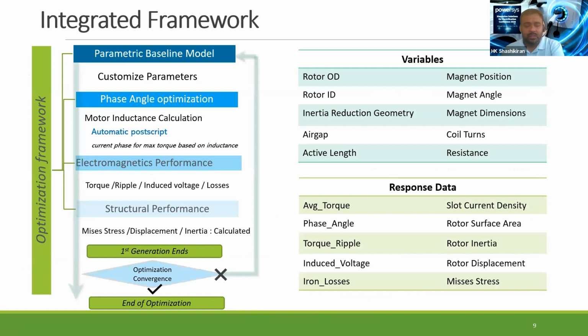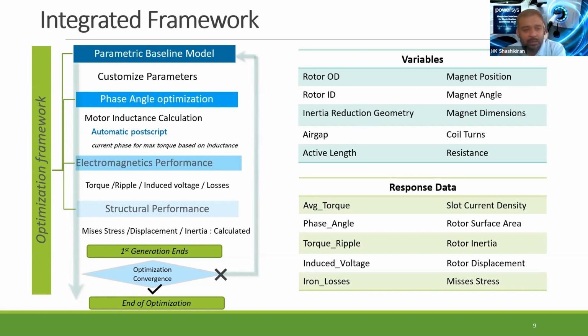So this is the framework that we are working on. The left side shows the integrated framework. First was to create a parametric baseline model, because we wanted to develop a model within the same software ecosystem, as the parameterization goes across different domains.